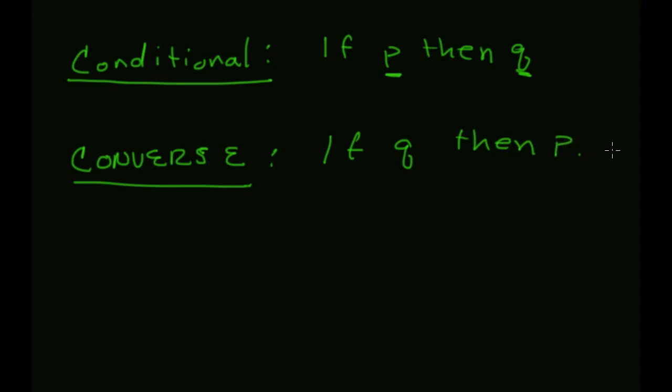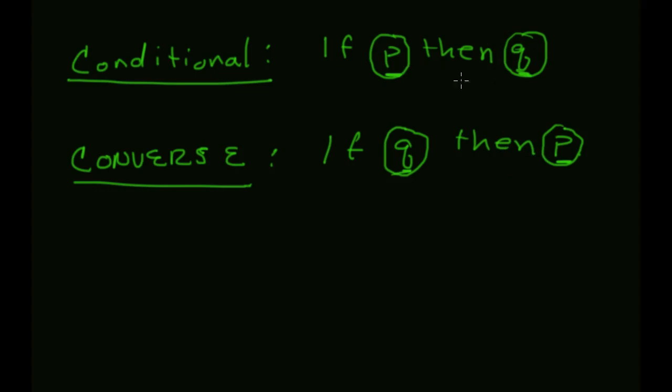So let's give another example of a conditional statement and see what's going on here. Like if I had the original example, I have something like if today is Tuesday, then tomorrow is Wednesday, and I take the converse, which says if tomorrow is Wednesday, then today is Tuesday. It appears that the conditional statement and the converse are both true.